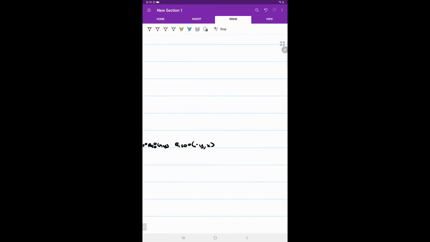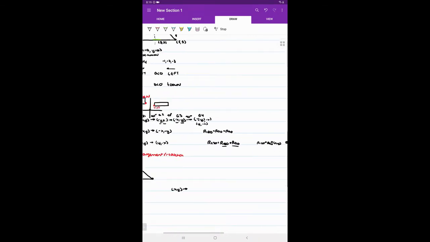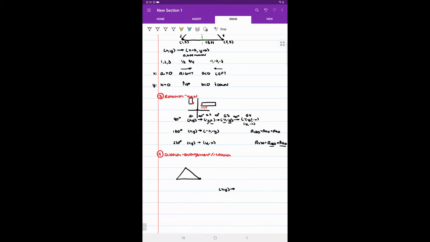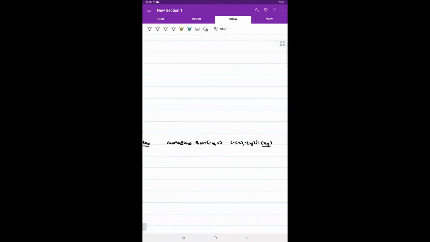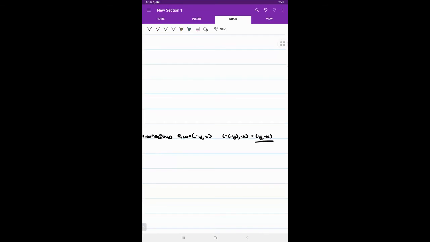And then rotating that by 180 degrees, that's going to be the negative of negative y, comma, negative x, which is y, negative x. Just to think of trying to incorporate compositions of transformations as well, which I'll talk about a little bit more later.